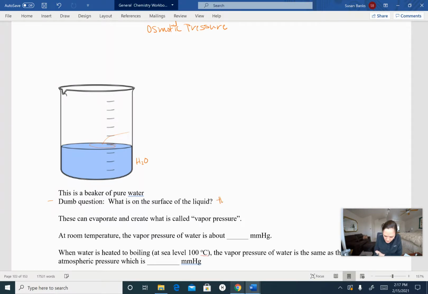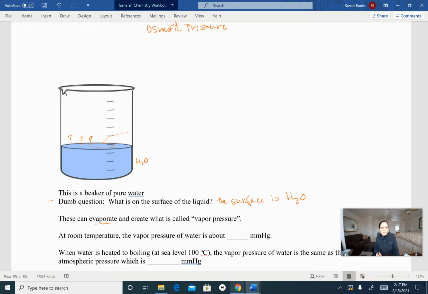That surface is water. All of it is water, as that surface comes in contact with the air above it. Can those water molecules evaporate and create what is called a vapor pressure? Yeah, they can. All the time, we're going to have little molecules coming off of that surface if they have enough kinetic energy to break away from their neighbors.